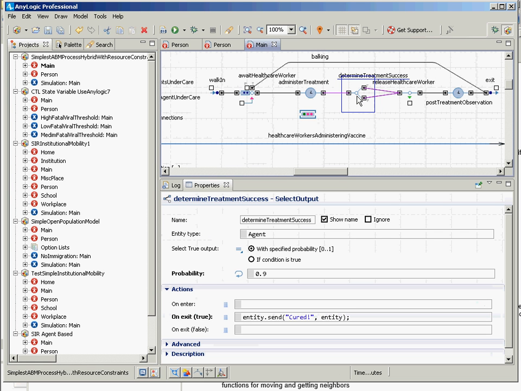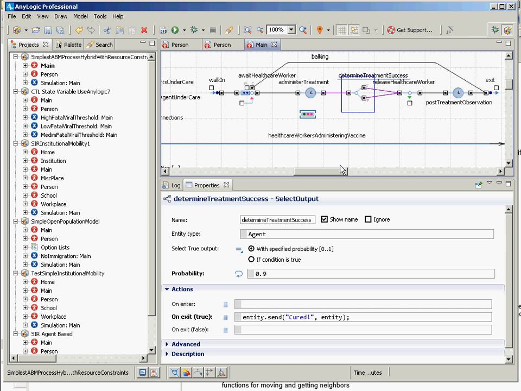Basically, you'll see that it says entity send cured to entity. What this is saying is it's sending the message cured to the particular person who has gone up that route up here. In other words, this person has flowed through here and has gone up here, and that particular person is sent the cure message because they've reached this point.